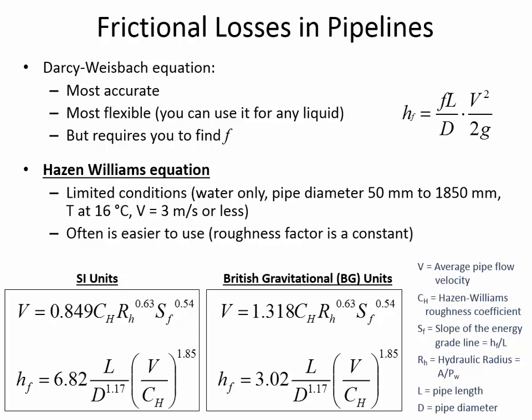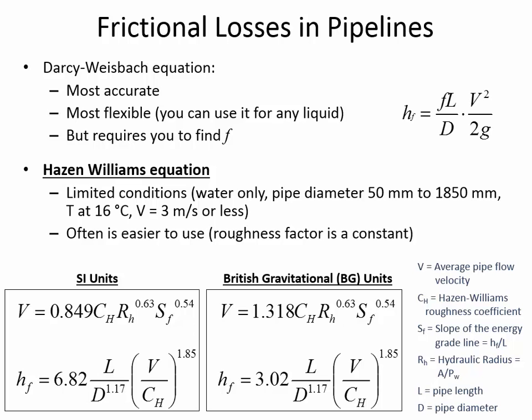If you had 2 tanks that are connected by a pipe, and here's location 1, here's location 2, and you want to find out what's the velocity through the pipe. How quickly is water moving through the pipe? Well, what you would know is here, the elevation difference, this value is going to be H sub f. That would be the energy loss, is the elevation difference between the two.